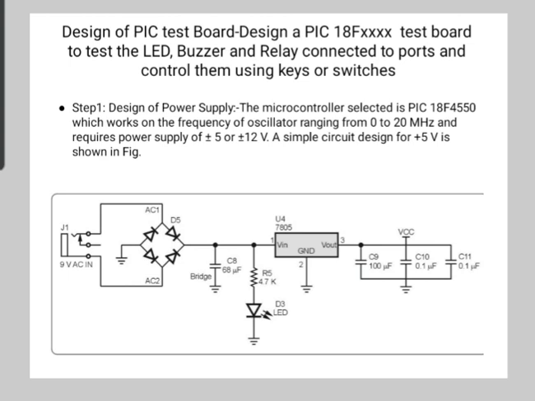So in this case, we may use an electromagnetic or a solid state relay. For example, it can be used to control some appliances using a low power electronic circuit.